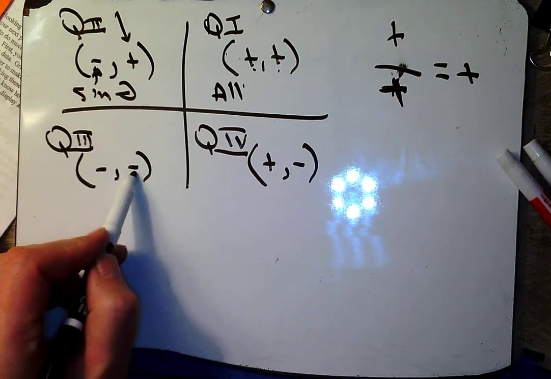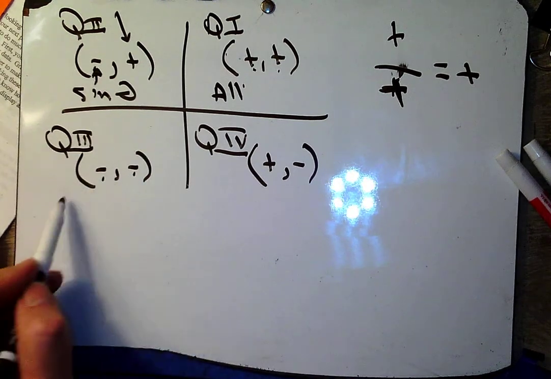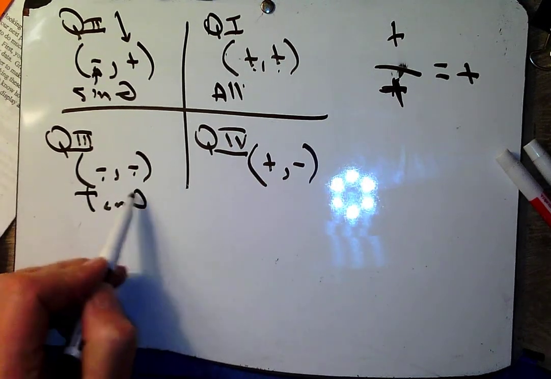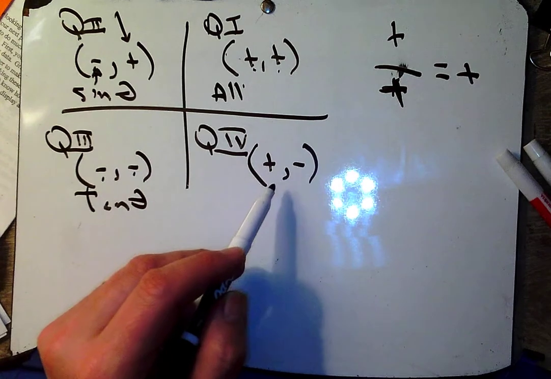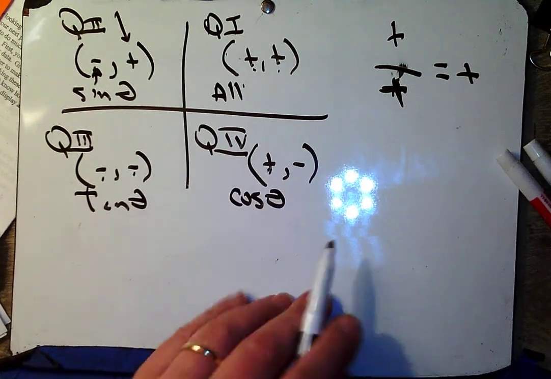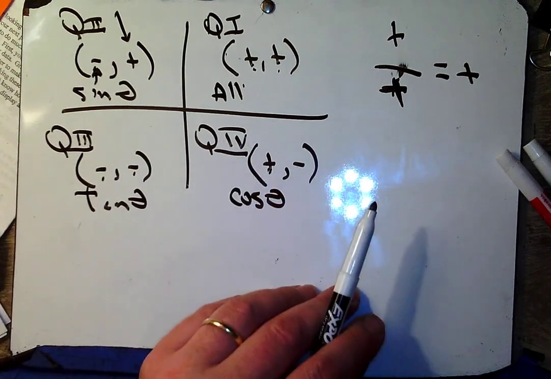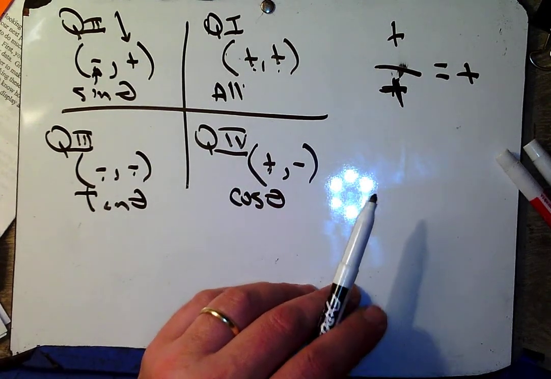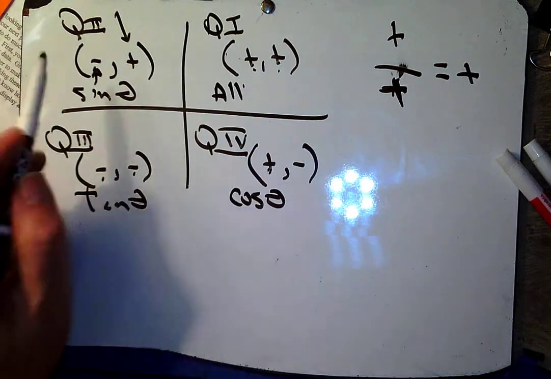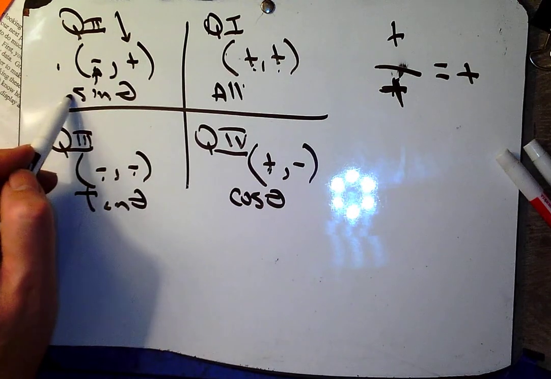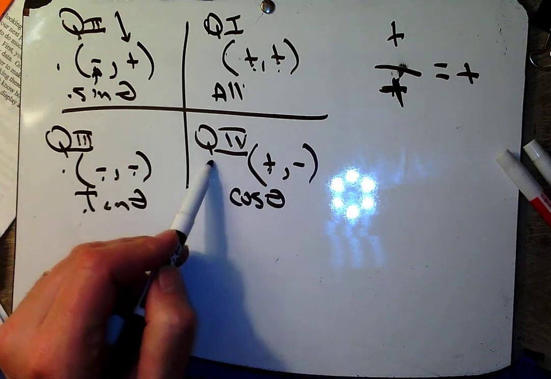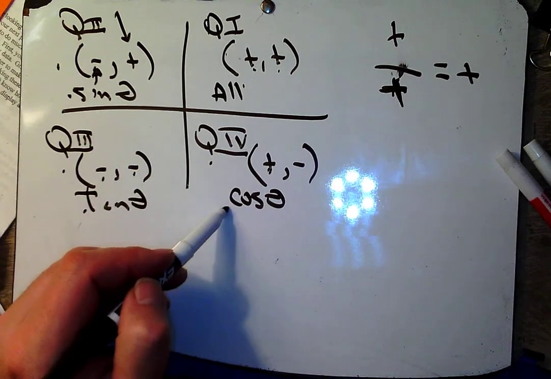Well, not sine, not cosine, but tangent is positive over here. And fourth quadrant, well, I see the x value is positive, and so that tells me that cosine is positive here in quadrant 4. So the only thing that's going to be positive here is sine, the only thing that's going to be positive here is tangent, and the only thing that's going to be positive here is cosine.